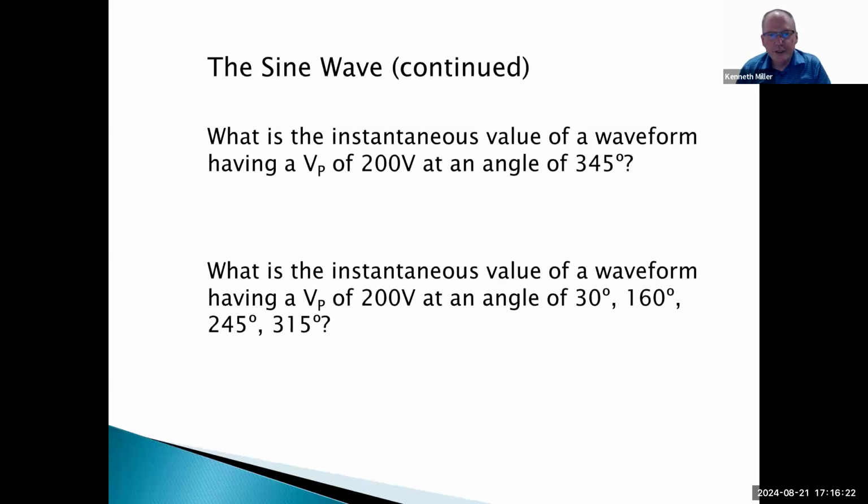What would be 200 at 30? 200 sine 30 is 100 volts. 200 sine 160 and so forth. So you can calculate those very, very easily using your calculator. So that's our instantaneous voltage. All right.